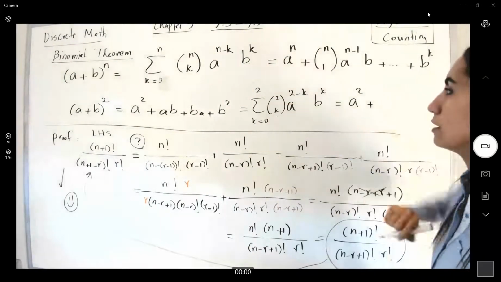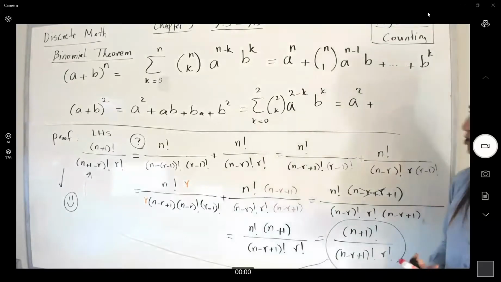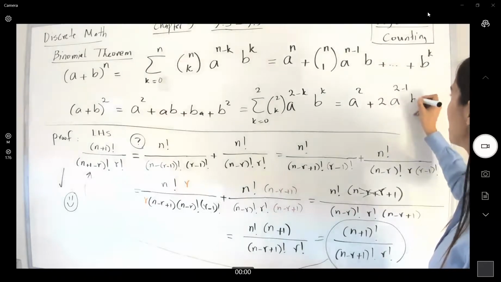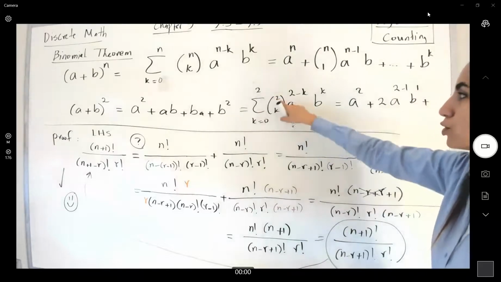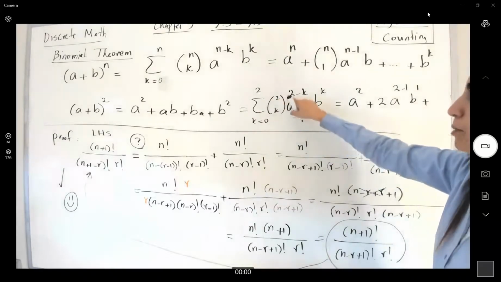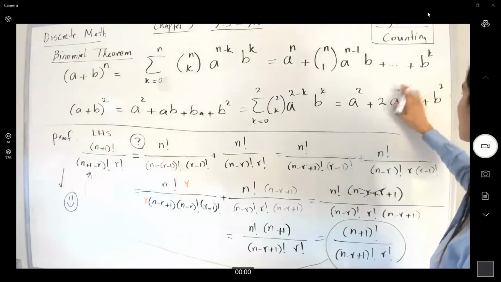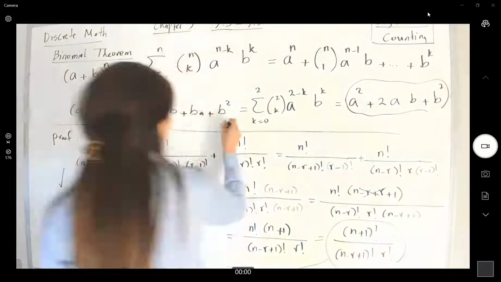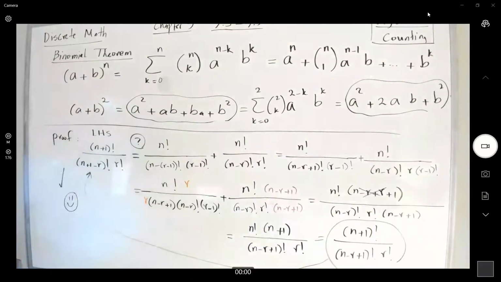Then one object selected out of 2 objects, which is 2, a raised to 2 minus 1, b raised to 1, plus, when k is equal to 2, 2 out of 2 is equal to 1, a to the power 0, b to the second power. The same formula. Well, okay, what's the use of it?